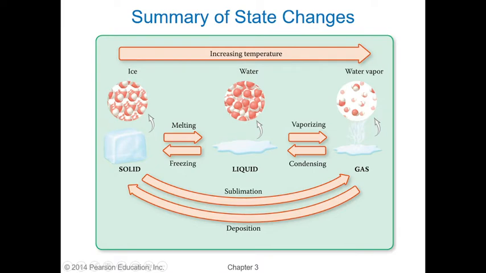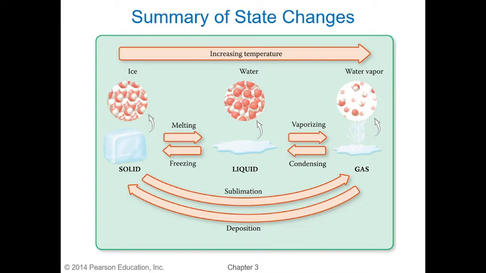And from gas to liquid, that is called condensation. Solid directly to gas is called sublimation. And gas to solid is called deposition. That is how we can change the state of one substance to another by simply changing the temperature. Either you increase the temperature or you decrease the temperature. Okay?